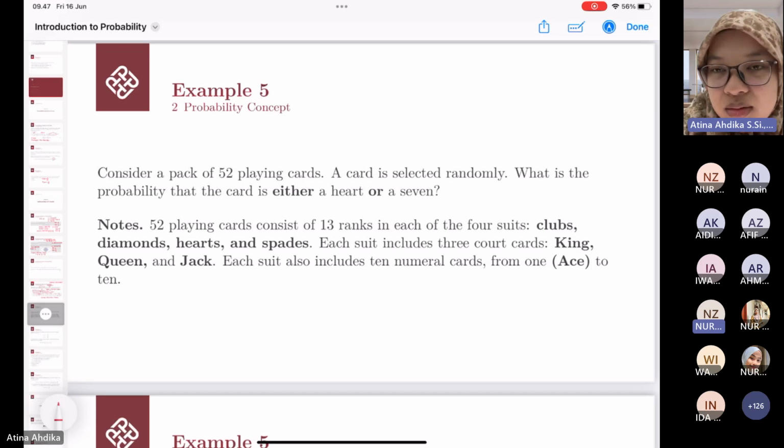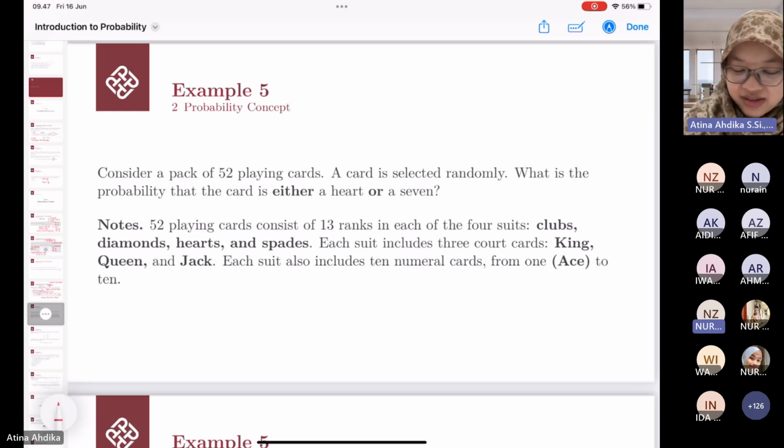So the question is, what is the probability that the card is either a heart or a 7? So do you know this pack of playing cards? Do you know the elements of these 52 playing cards? So we have the notes here.